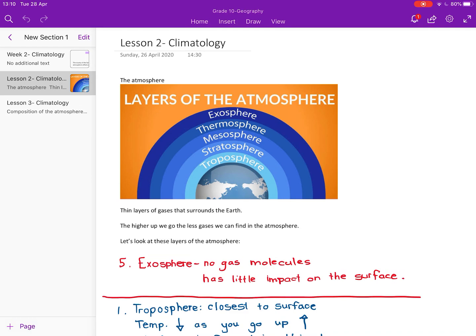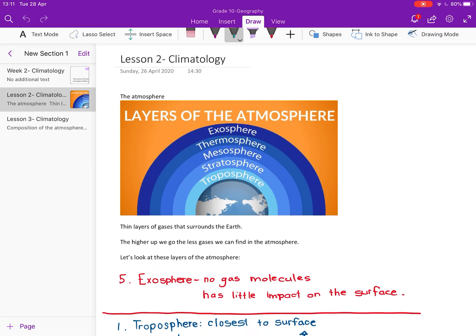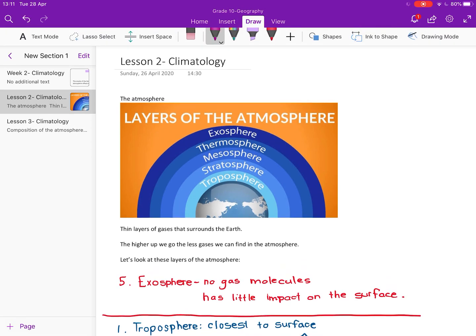So the layers of the Earth, they are thin layers of gases that surround the Earth, and the higher up we go, the less gases we find in the atmosphere. So by the time you get to the exosphere, which is the furthest away from the Earth, you will see that no gas molecules can be found in the exosphere.